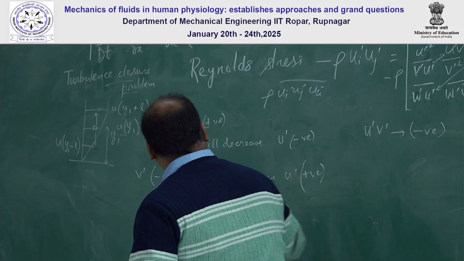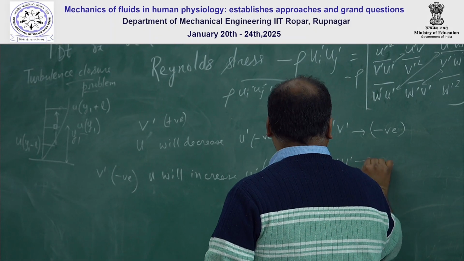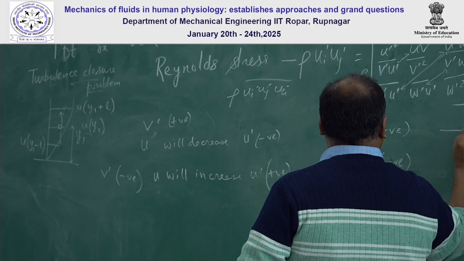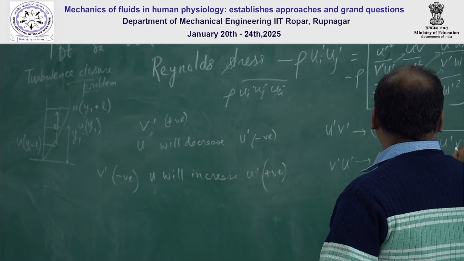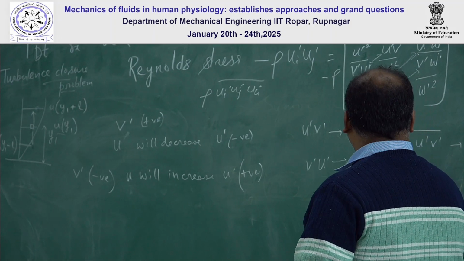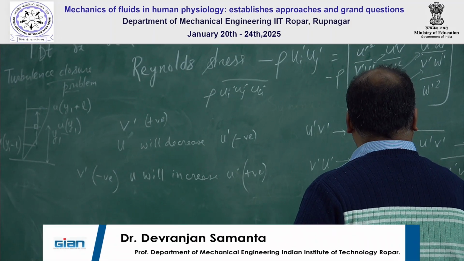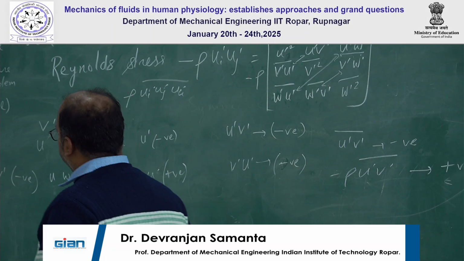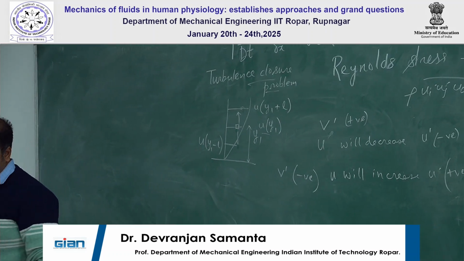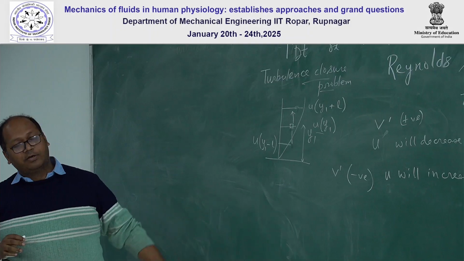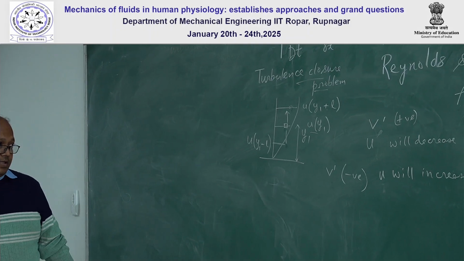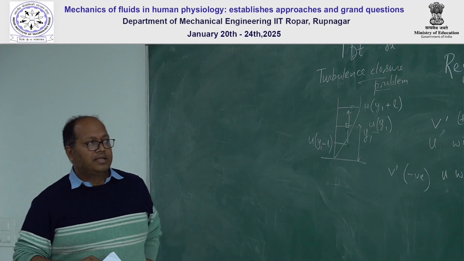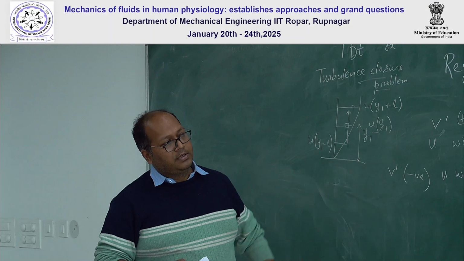So overall, again, v dash u dash is negative. So in general, u dash v dash is negative, and then minus rho u dash v dash, when you do the averaging procedure, turns out to be positive due to the negative sign here. So this is a very simplistic picture. Obviously, it's not that rigorous. You can always argue how you prove it without any wall, but this is just a simplistic picture to show that in general the product u dash v dash will always be negative.